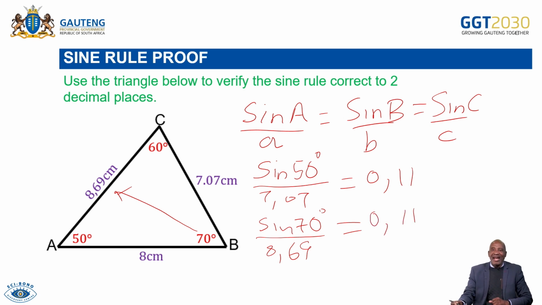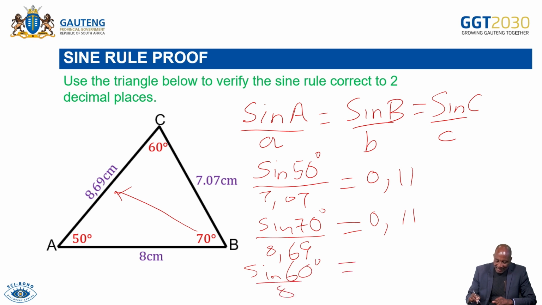Then I go to the last one, sine C. My sine C is sine of 60 degrees divided by 8. I press on my calculator, sine of 60 degrees divided by the corresponding side, which is 8 units.